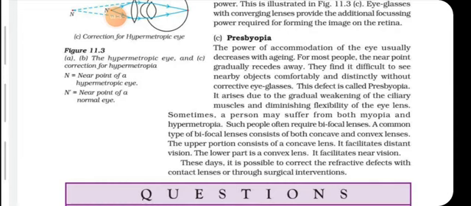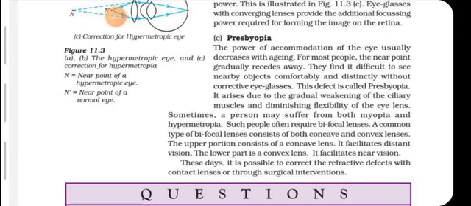We cannot see even the nearby objects clearly as well as the far objects clearly. It arises due to the gradual weakening of the ciliary muscles and losing the flexibility of the eye lens.